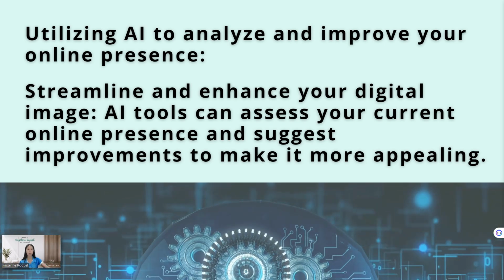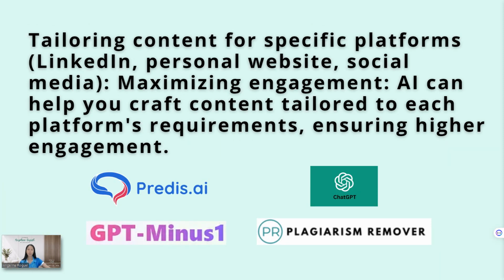Number two, tailor content for specific platforms like LinkedIn, your website, and other social media platforms. So we can maximize engagement, because that is one of the important things in online presence. You post something, people comment, and you engage with these people. AI can help you craft content tailored to each platform's requirements, ensuring higher engagement.